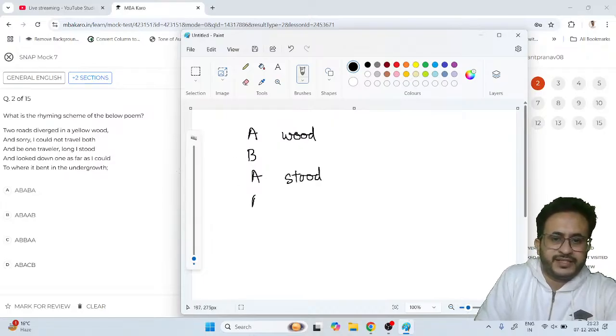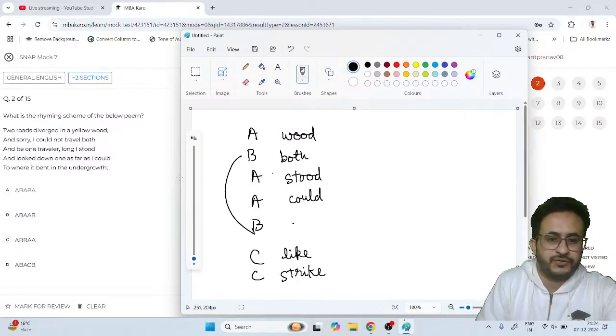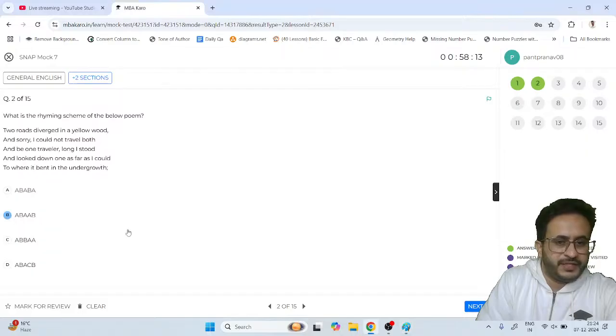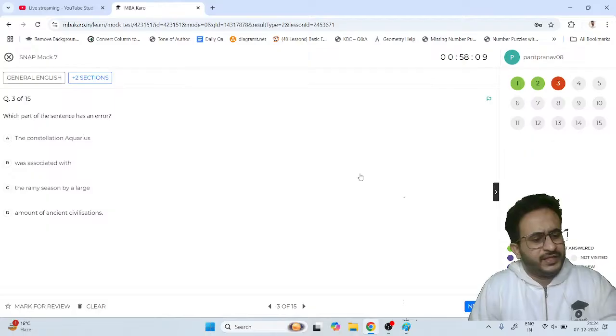Then could is again A because it is sounding with wood. And undergrowth will be B because it is sounding with both. So if they have the same sound, suppose a third word comes, that will be sounded C. If the same word is sounding, let us say like and strike, just taking an example, both will have the same sound, and we keep on adding those sounds. So we have till here A B A A B. So A B A A B is the right answer. So I included some of the questions which are off topic in different mocks.